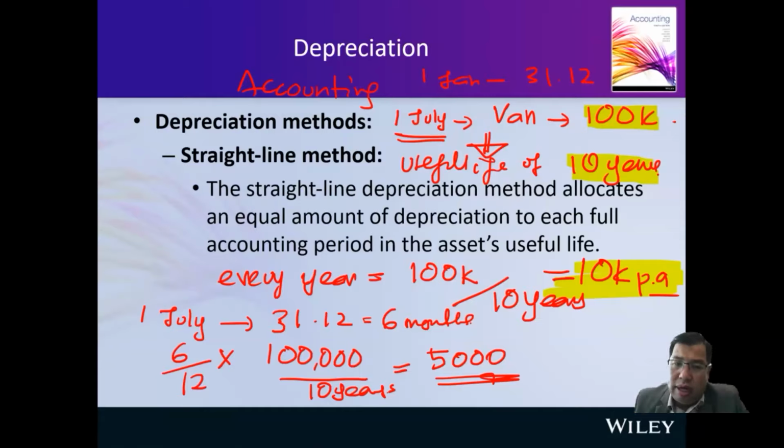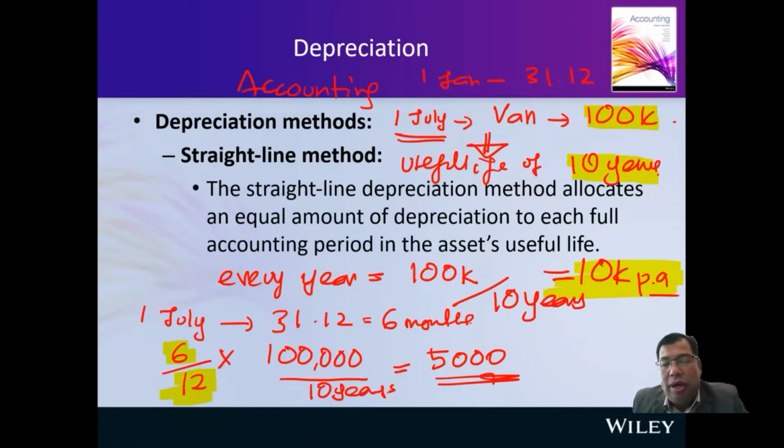From 1st July until 31st December, it only covers a 6 month period. So you shouldn't provide depreciation for one full year. You need to provide depreciation for only 6 months out of 12 months.